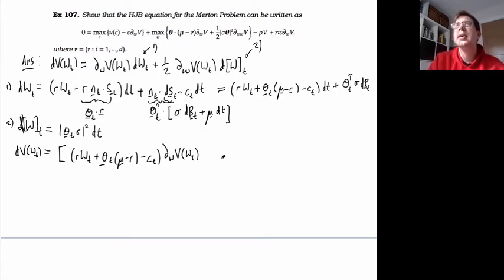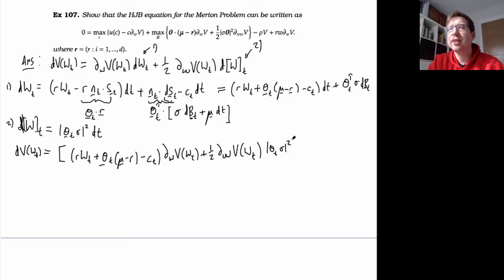Then I'm going to get a dt term for this, so plus a half the second partial derivative of V with respect to w, times theta_t sigma squared, and that gives us all of the dt terms.